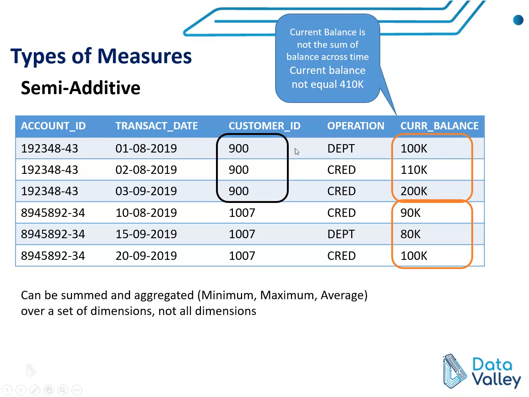I cannot do sum per customer ID, but I can do maximum or minimum per customer ID per operation. So we can say semi-additive is like a limited additive measure. I cannot do all operations, but I can do certain specific operations on this measure per available dimensions.